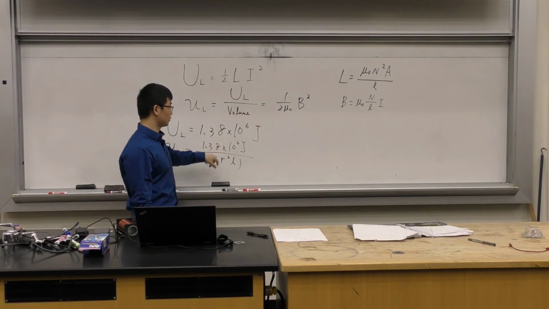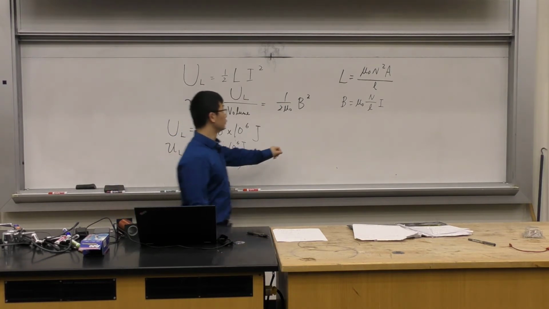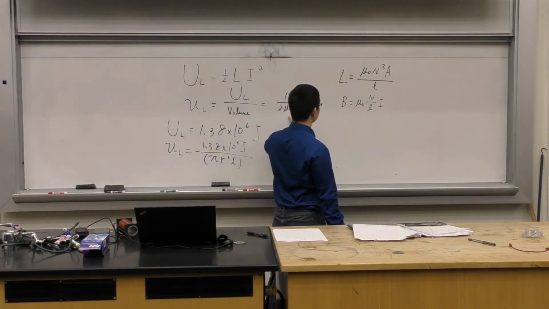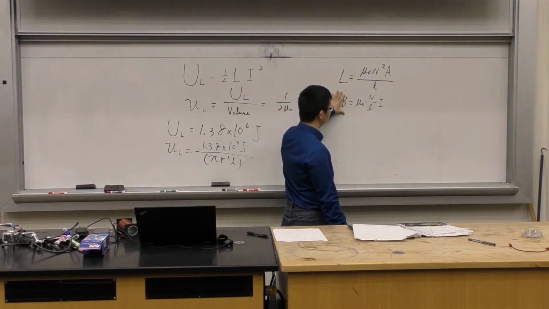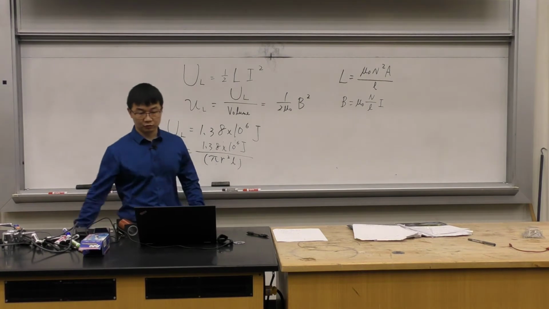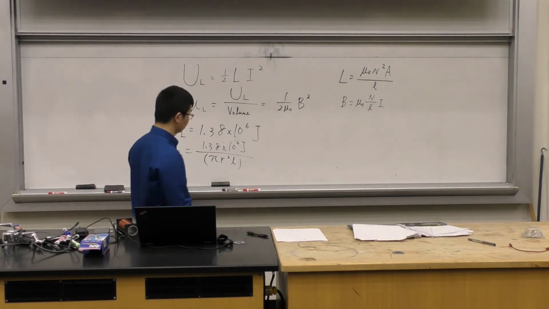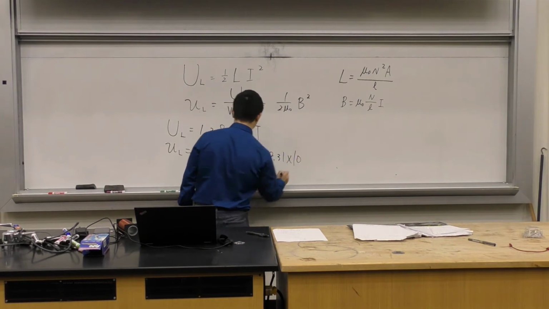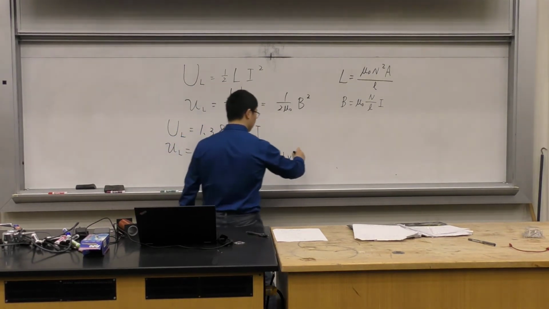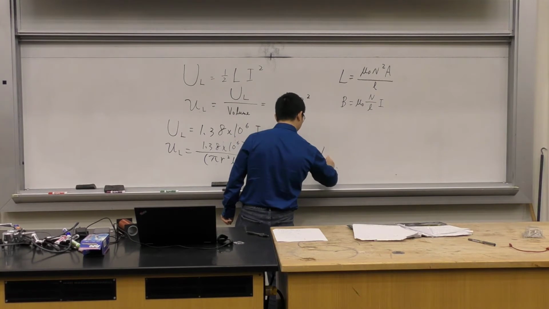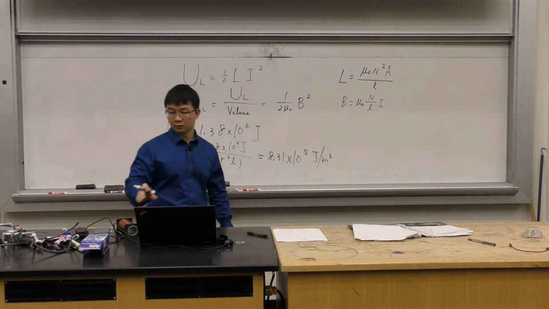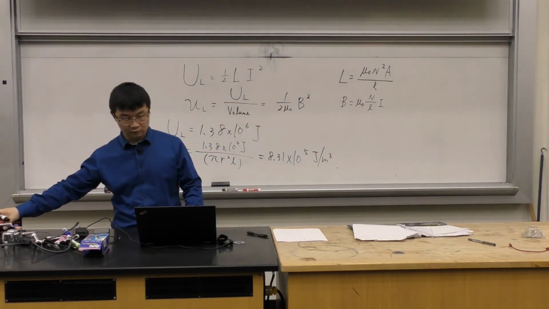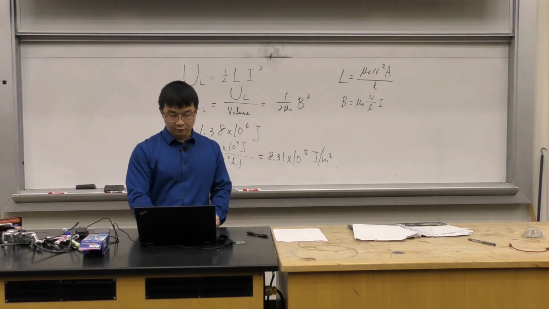Energy density is just energy divided by volume. Or if you like, you can use this general conclusion, find B in this solenoid, and then just use the constant mu naught. Either way, you will get the same result, and this is our energy density, in joules per cubic meter. Okay, so I finished this part.